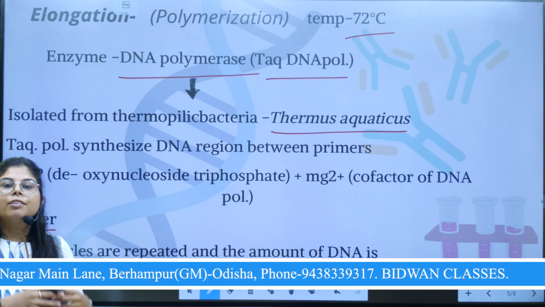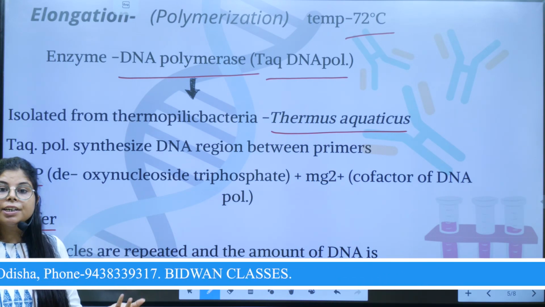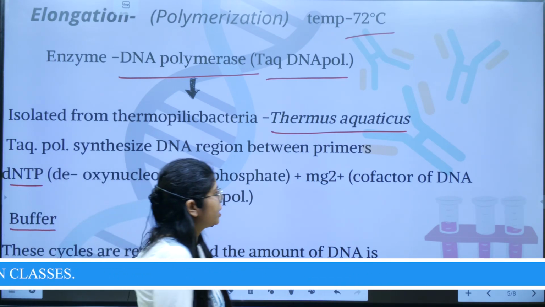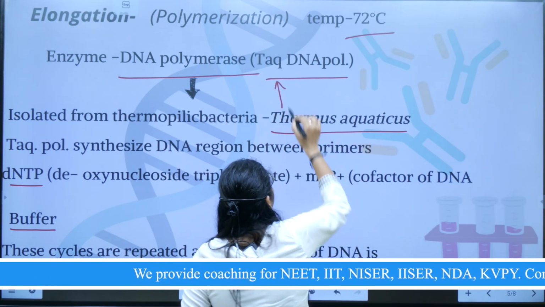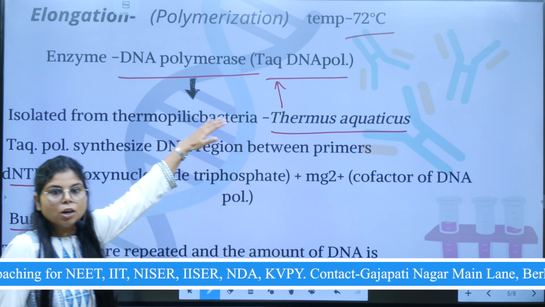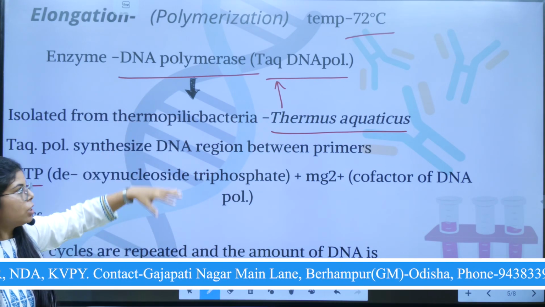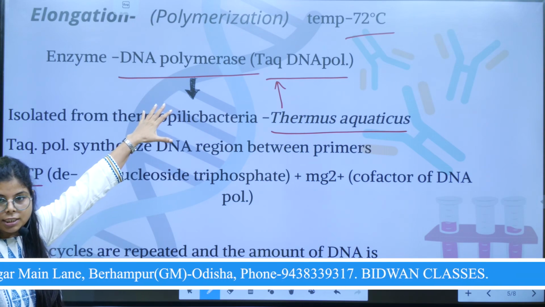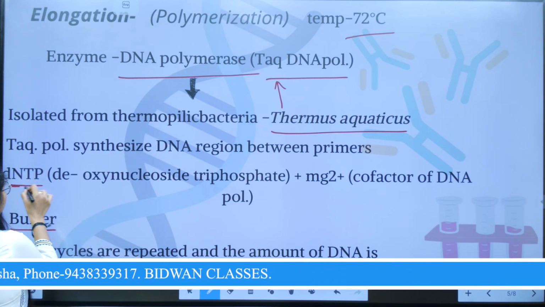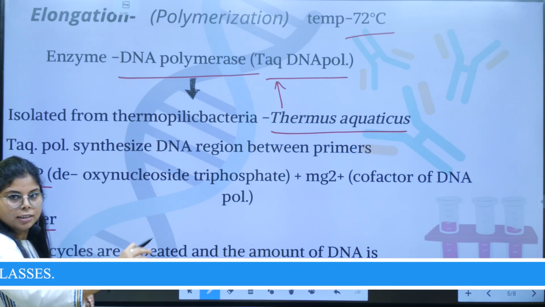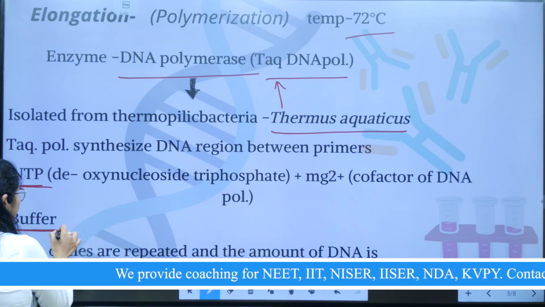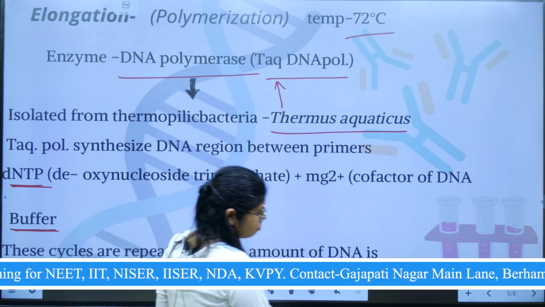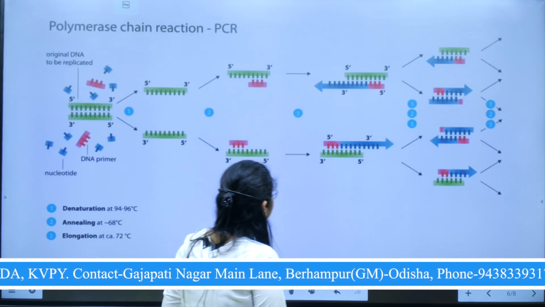It stays at a very high temperature, for example in hot springs at 100 degrees Celsius. So we have isolated this Taq polymerase enzyme from this bacteria, and it can act at a higher temperature. Using Taq polymerase, the dNTPs required to extend the strand of the DNA, and the buffer, the template strand is extended.